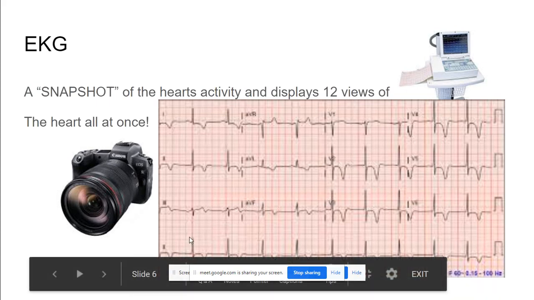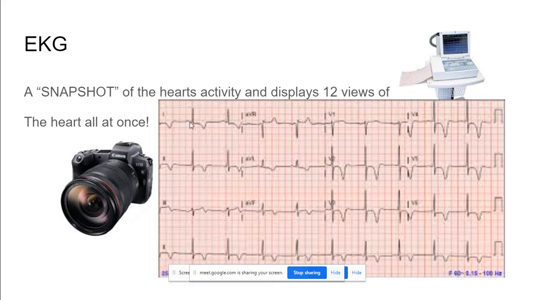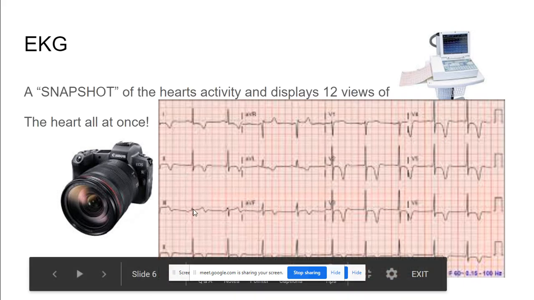So here's your lead 2 strip. And of course you can't tell, but it says lead 2 right there. It's kind of blurry. These are the other 12 leads. So here's lead 1, lead 2, lead 3, and then AVR, AVL, AVF, V1, V2, V3, V4, V5, V6.